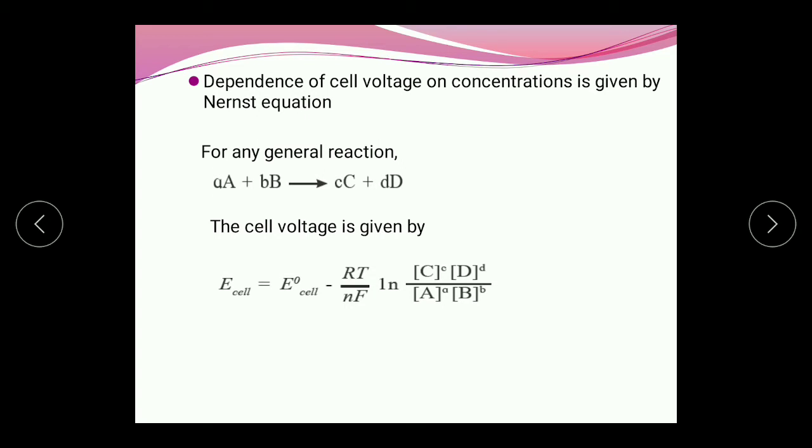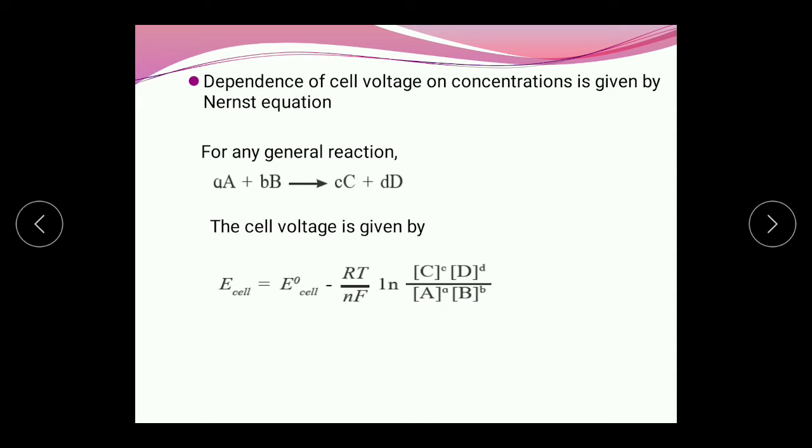That means we have produced c moles of C. Suppose it is 2, then the concentration of C should come twice, and that is indicated by the power c. So, in the ln, the numerator is the product of concentrations of products, and the denominator is the product of concentrations of the reactants. You learned it in the 11th standard in chemical equilibrium.